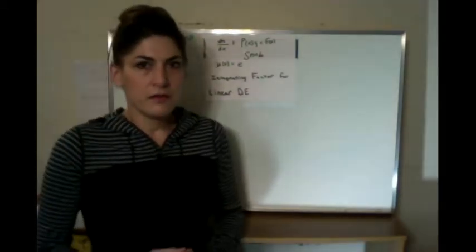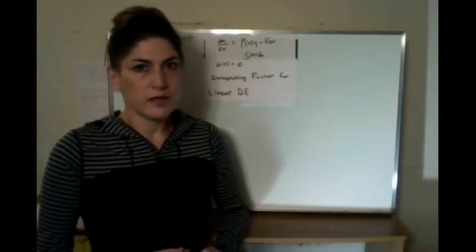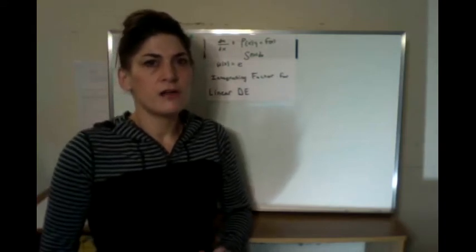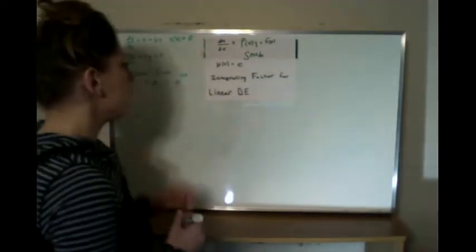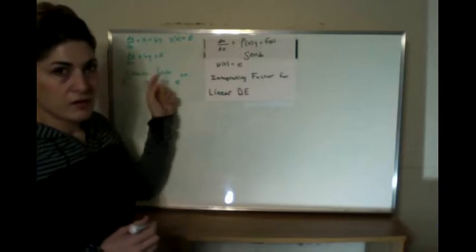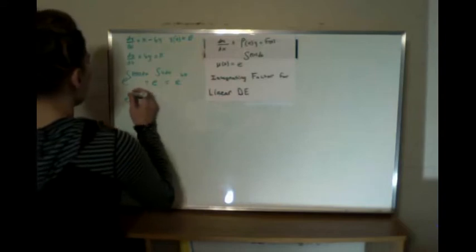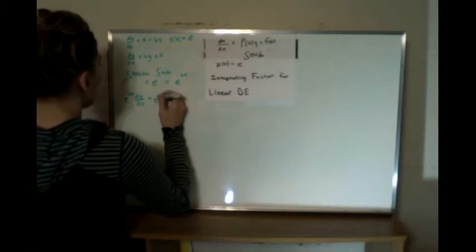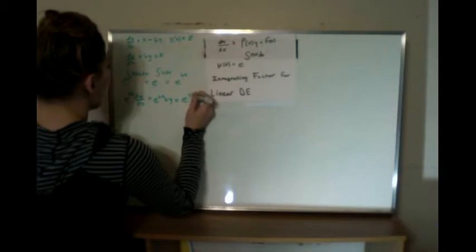The method of solving a linear differential equation depends on the fact that the left-hand side of the equation can be written as the exact derivative of a product of the integrating factor and y. So if we multiply the integrating factor by both sides of the equation, we get e to the 6x times dy/dx plus e to the 6x times 6y equals e to the 6x times x.